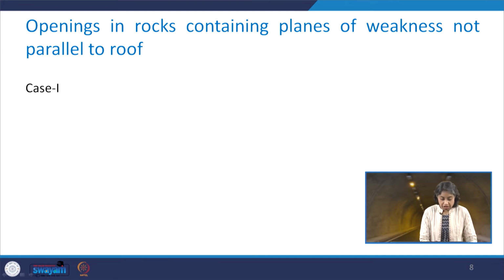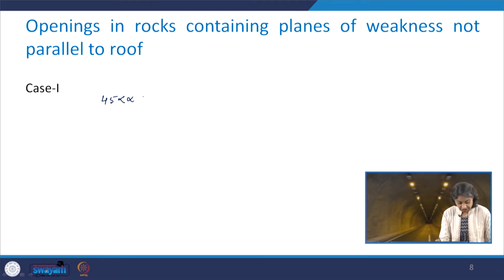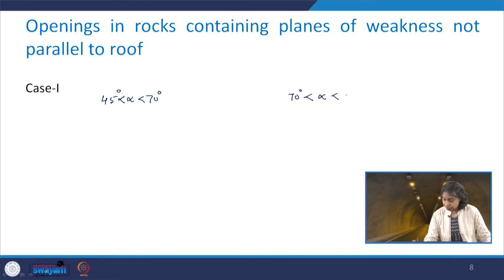So what are going to be those states of stresses? We can have two situations here: when alpha is varying between 45 degrees to 70 degrees, and another when it is varying between 70 to 90 degrees.